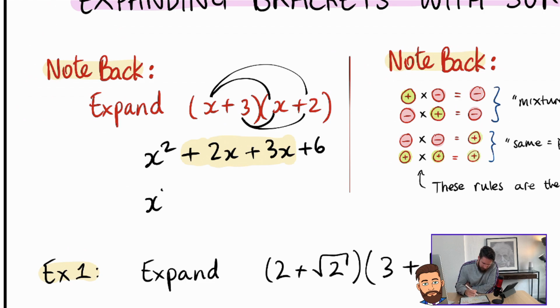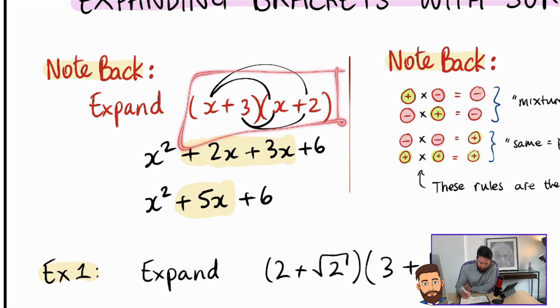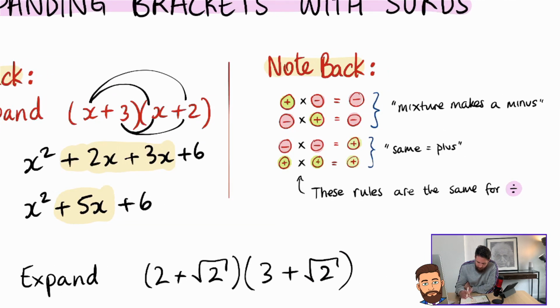We've got x squared plus 5x, since 2x add 3x is 5x, plus 6. That's my answer. So we're going to be using this method, but just instead of x's, we're going to have surds, square roots.